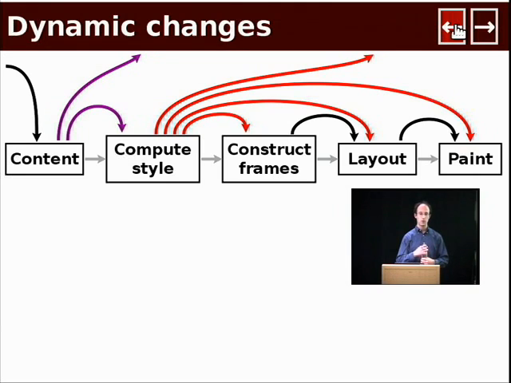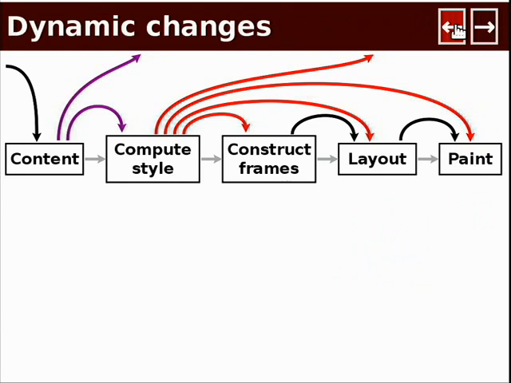One example is if you want to figure out essentially what the cost of building the frames and laying them out is for some particular piece of content, you could do something like the following. You could set the element, or maybe it's the body element, to be display none.